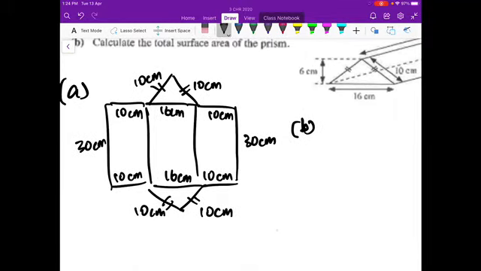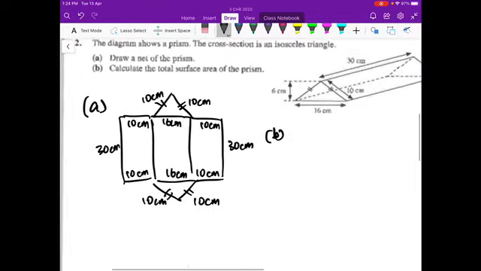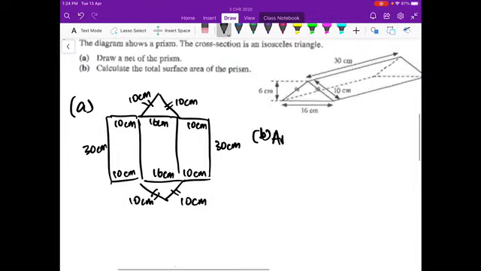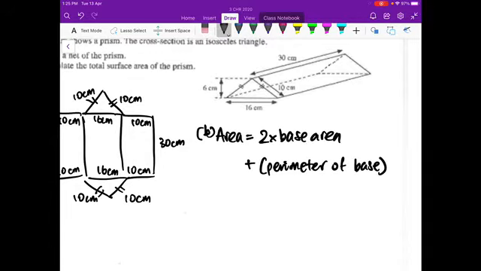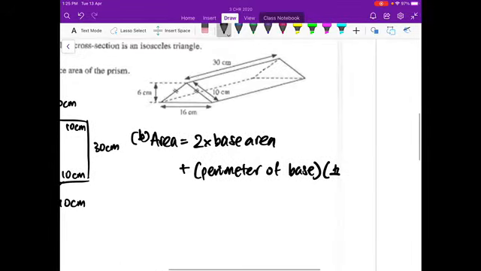So to recap, the area for prism is given by 2 times the base area plus perimeter of base times the perpendicular height.